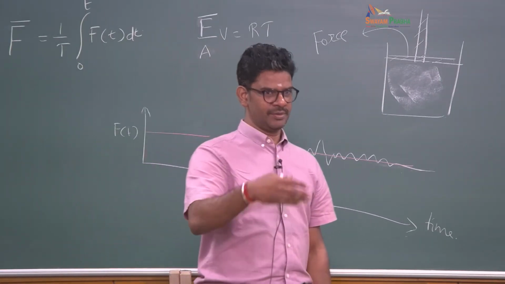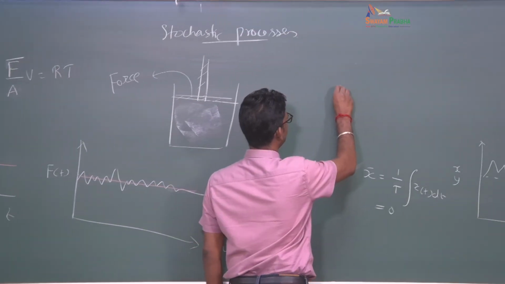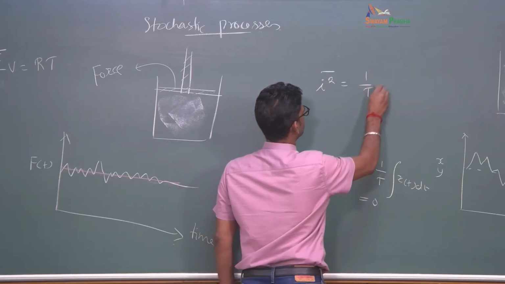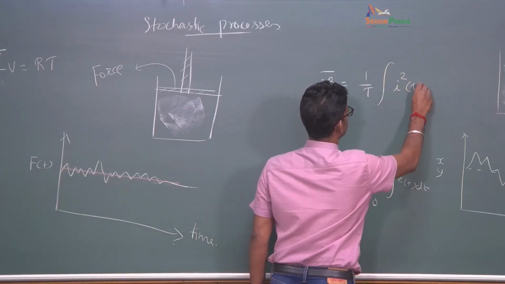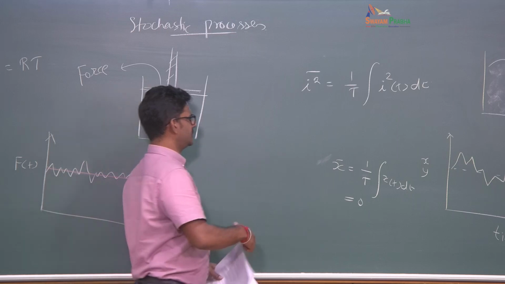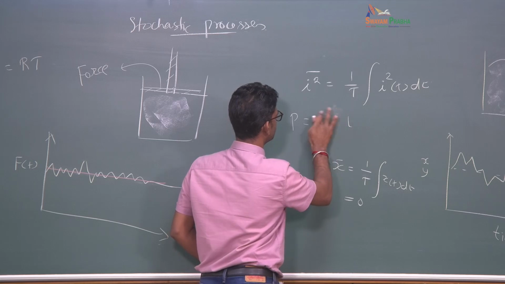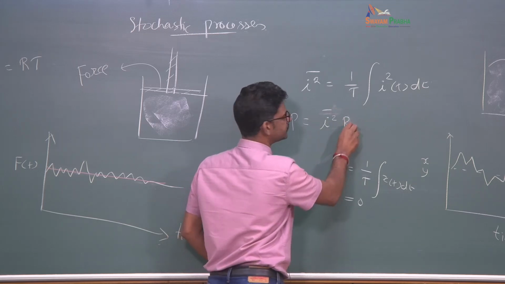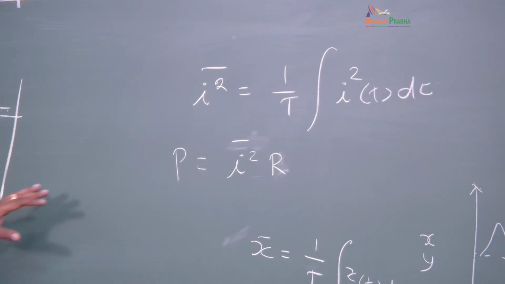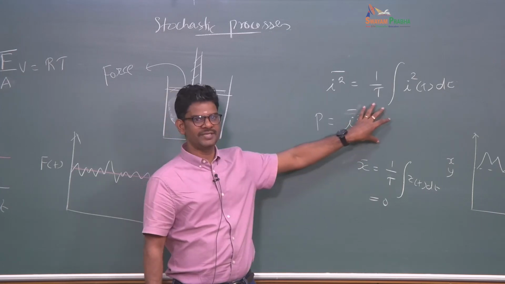But then if you take the square and average it, I mean a time average of the square, I square, like this, it would have a finite and well behaved value, and then you can see that the power in the circuit can be nicely expressed as I square R. Okay, so we know all these Ohm's law and electric circuit theory, in which we use not just I square but the mean of I square. Okay, and that will follow a nice relationship.